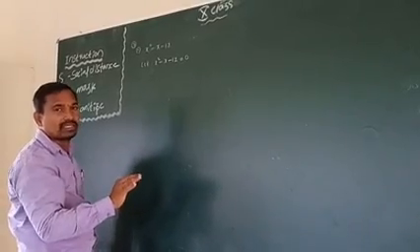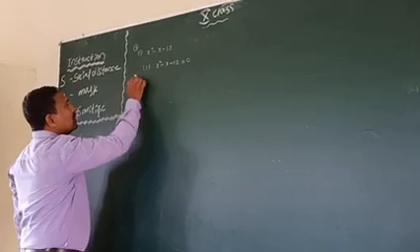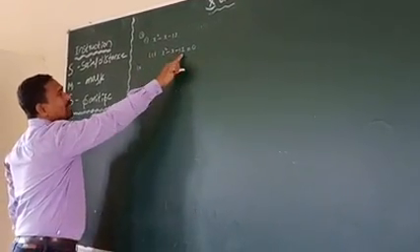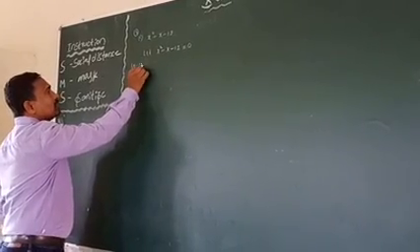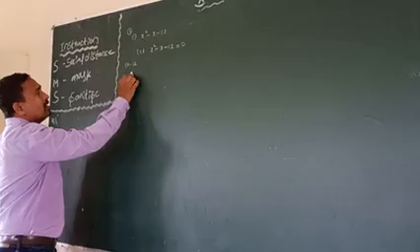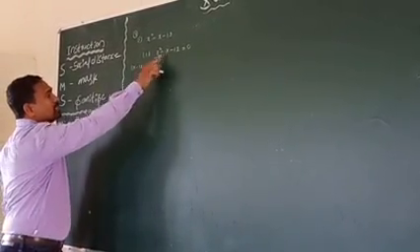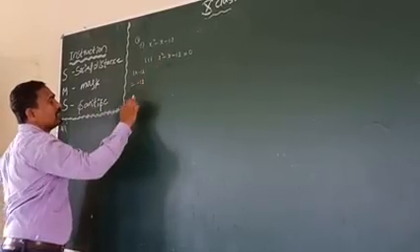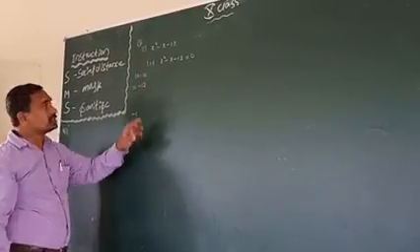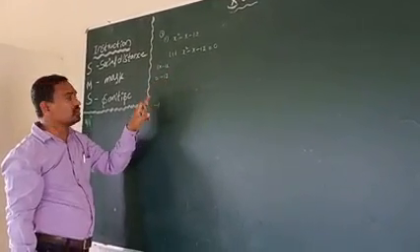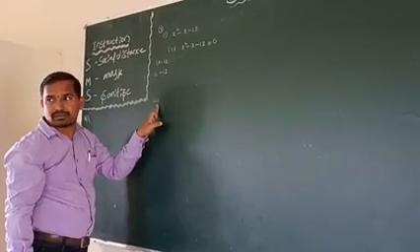What is the factorization method? Take the x square coefficient, 1. Constant is minus 12. So 1 into minus 12 is minus 12. Now what is the x coefficient? The x coefficient is minus 1. So select two factors of minus 12 whose sum should be minus 1.